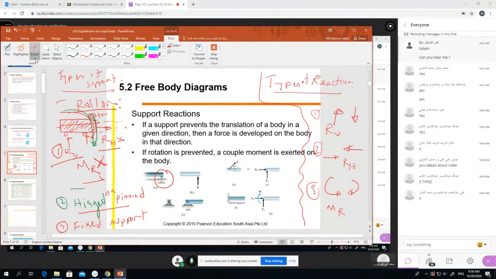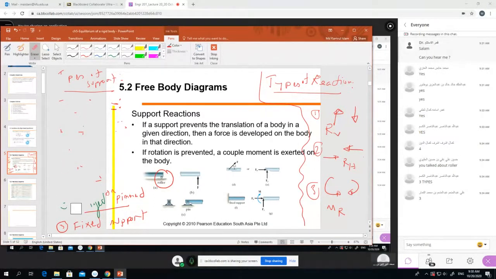The next topic is the hinge support. If you have any question, tell me please, I have finished the roller support.